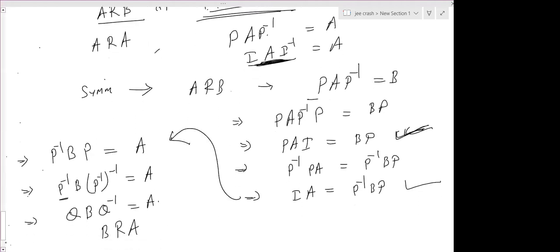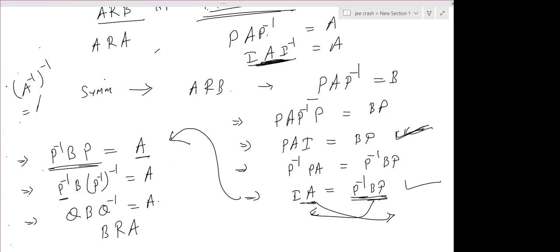What I did is I shifted this to this side and this to this side. So P inverse B P equals I into A, which is A. And we also know that inverse of inverse of A is A matrix itself.